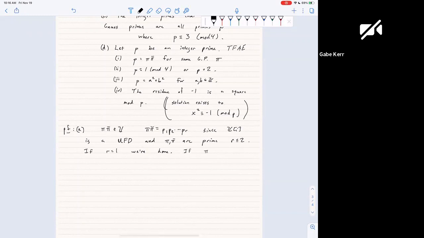If pi bar equals P1 P2, well then we have two factors, and pi and P1 must be associates. This is a unique factorization domain, which means up to some reordering, either pi and P1 are associates, or pi and P2 are associates. Let's just reorder if we have to. So pi and P1 are associates.